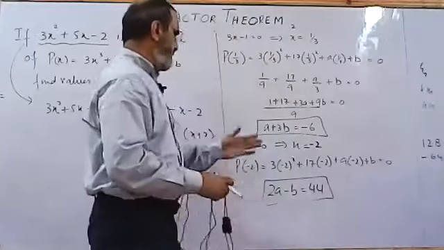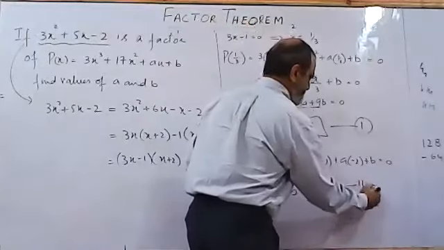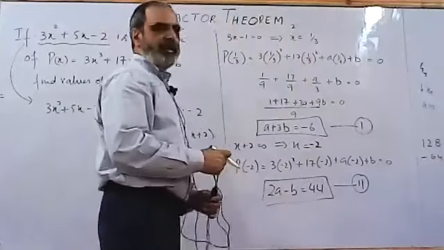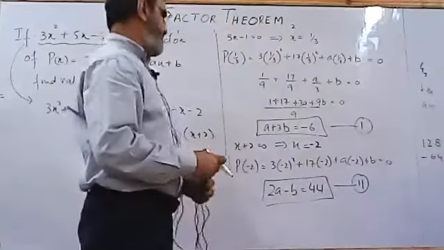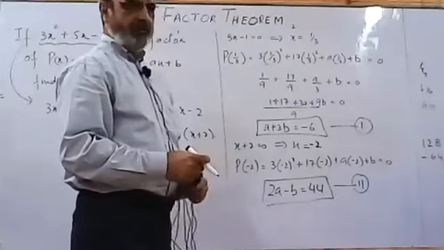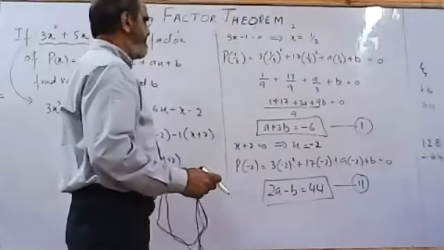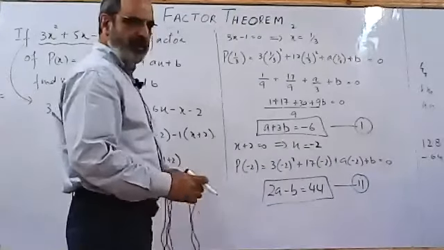Now using these two equations and solving them simultaneously, we can find the values of a and b. How to solve them simultaneously? You people are quite familiar with that.